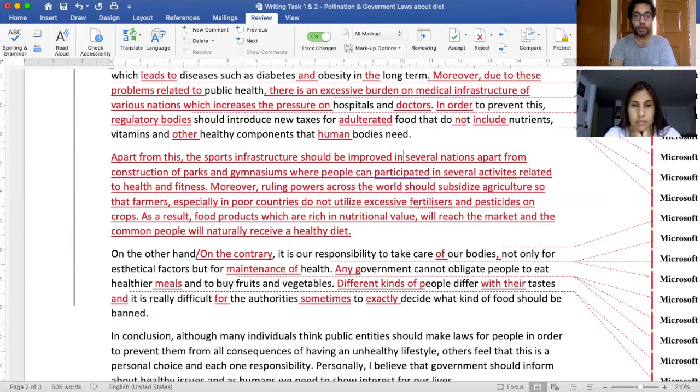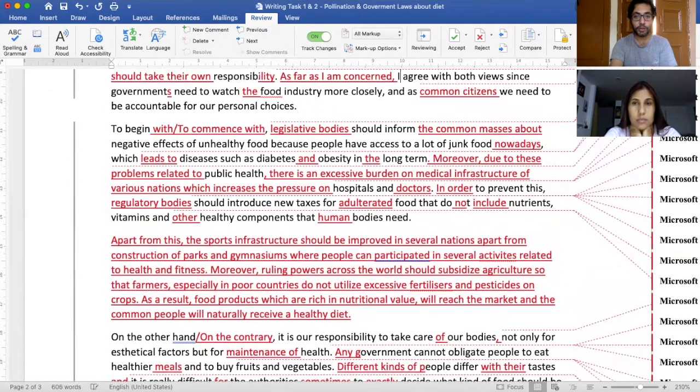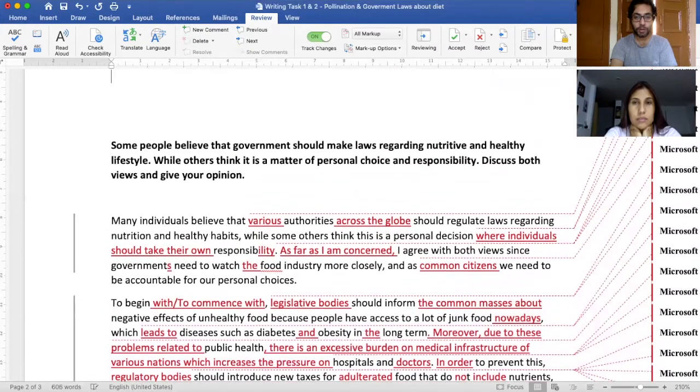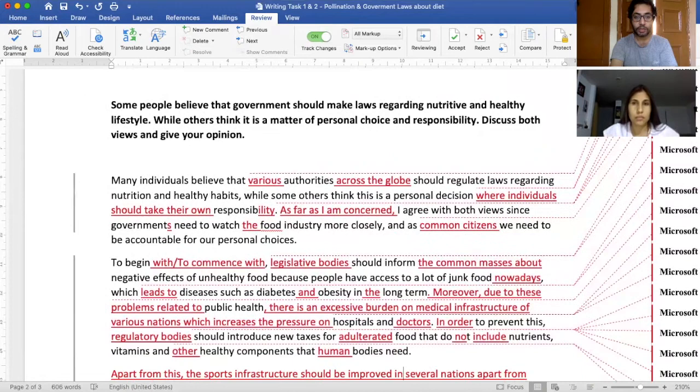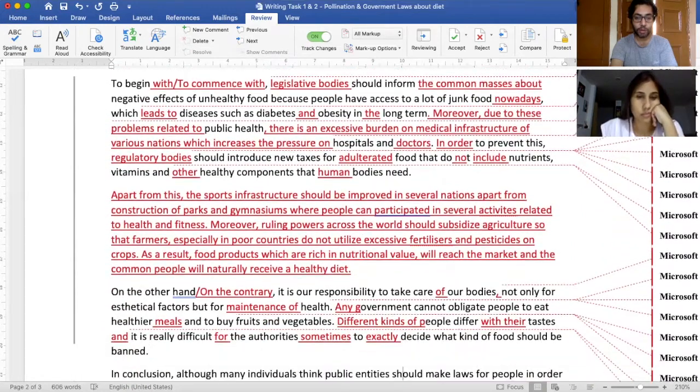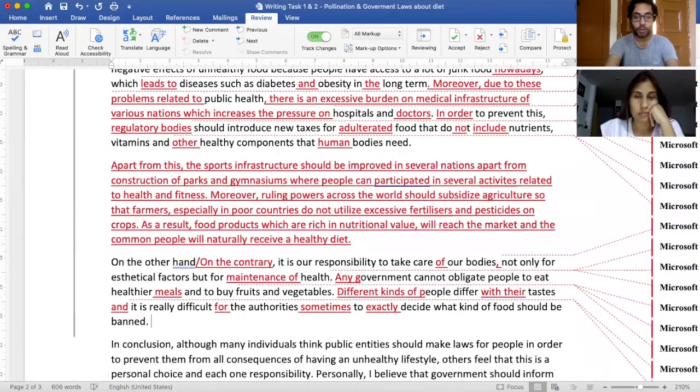So it is important for people to do it themselves, because we have to say something about the people also, right? There's a sentence about that also. So in the body paragraphs, we have to say something about human beings also. That's what they should do.